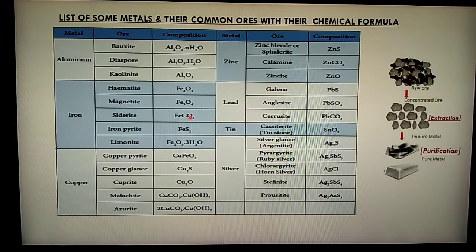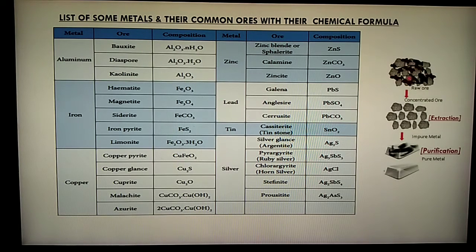Initially the ores are obtained from the earth's crust by the mining industry. Now our ore contains impurities. Such an impure ore is called a raw ore. This raw ore is not directly introduced into the extraction process.